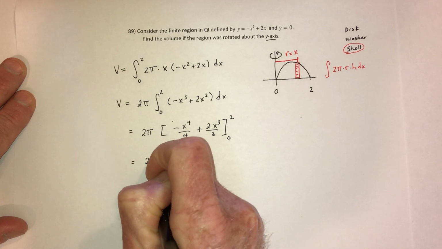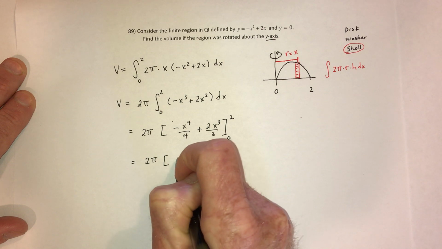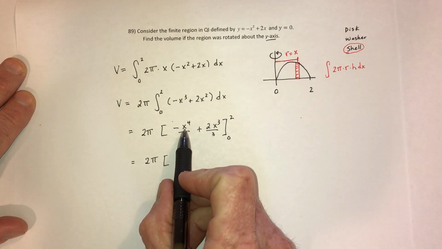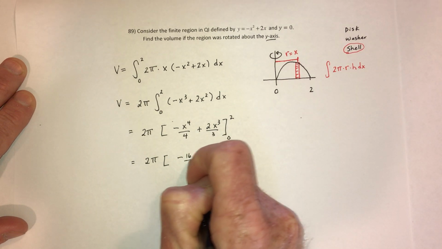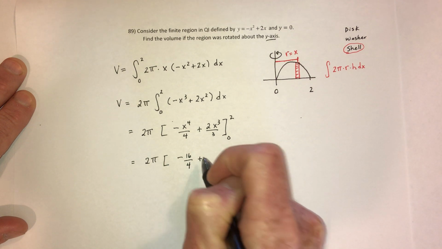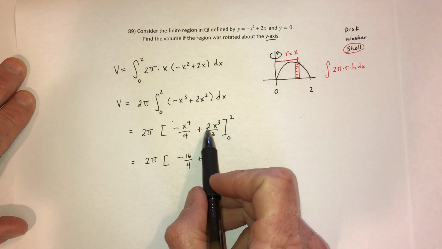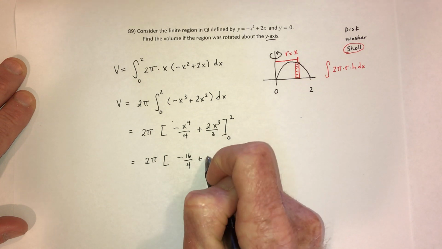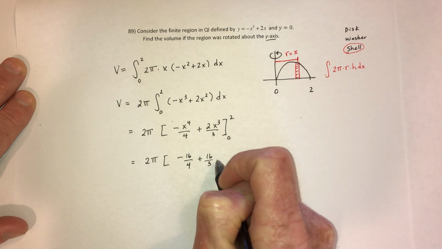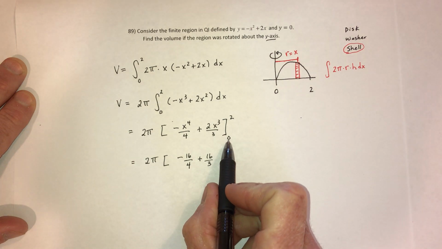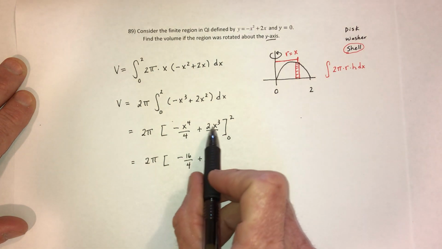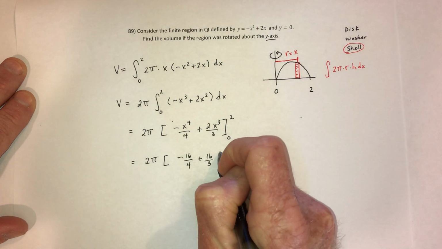So substituting the 2 first of all, 2 to the 4th is 16. Then substituting the 2, that's going to be 2 cubed is 8, so this is going to be 16 thirds. And then when you substitute 0, both of these are going to be 0, so subtract 0.